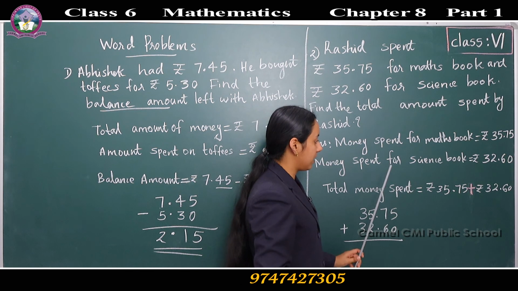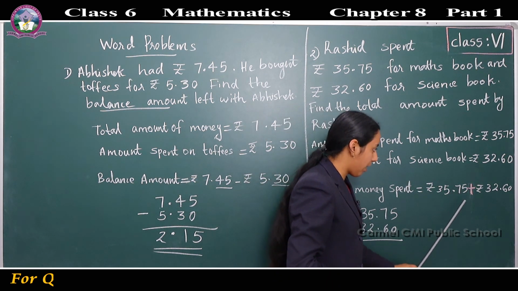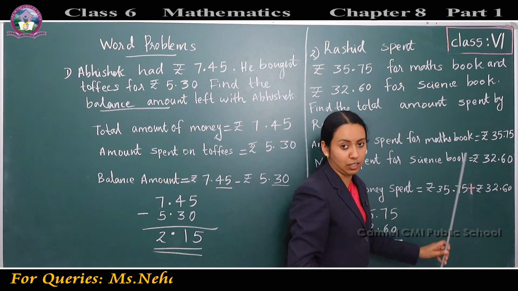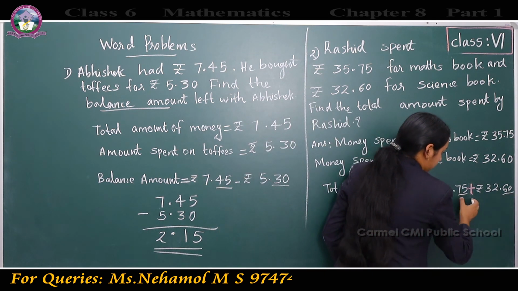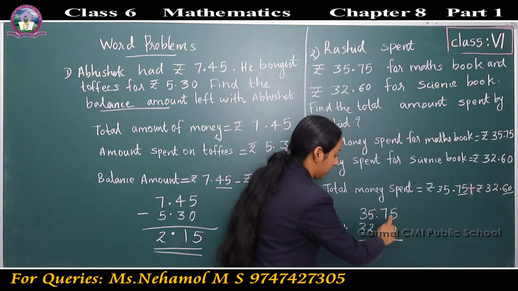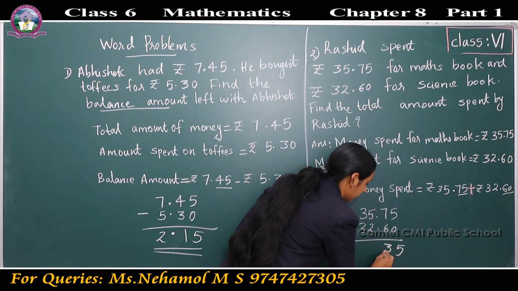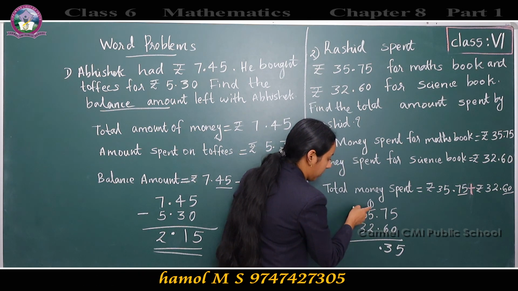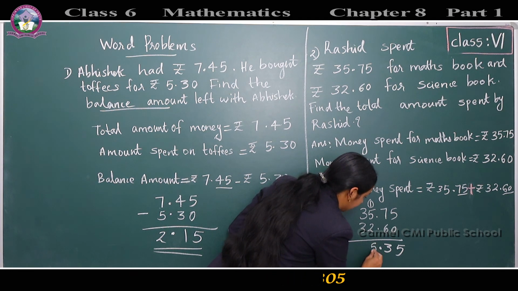Total money spent is equal to rupees 35.75 plus rupees 32.60. Adding here also 2 decimal places, so we can directly add. 5. 7 plus 6 is 13. 3 here, carry 1, decimal point. Then 5 plus 1 is 6. 6 plus 2 is 8.